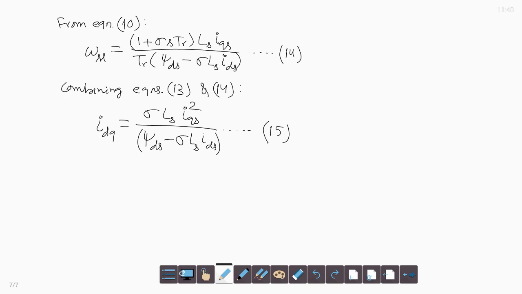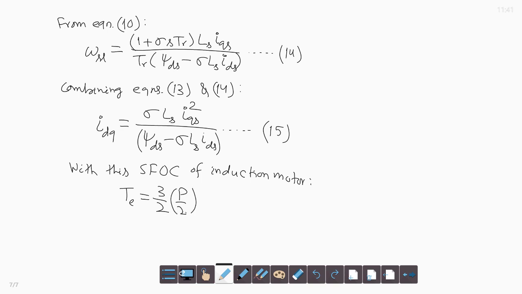With this, for SFOC of induction motor, we have the electromagnetic torque Te, that is 3/2 into pole pairs into psi ds into iqs minus psi qs into ids, that is the total expression, and psi qs is 0.